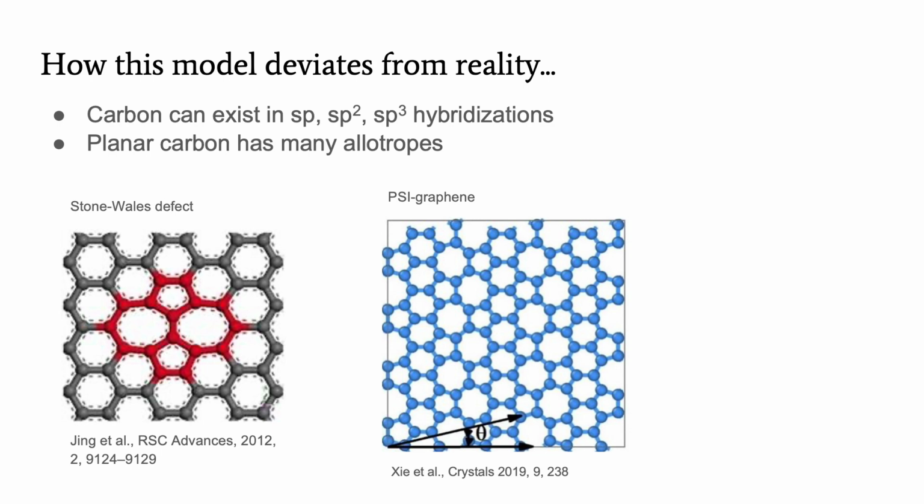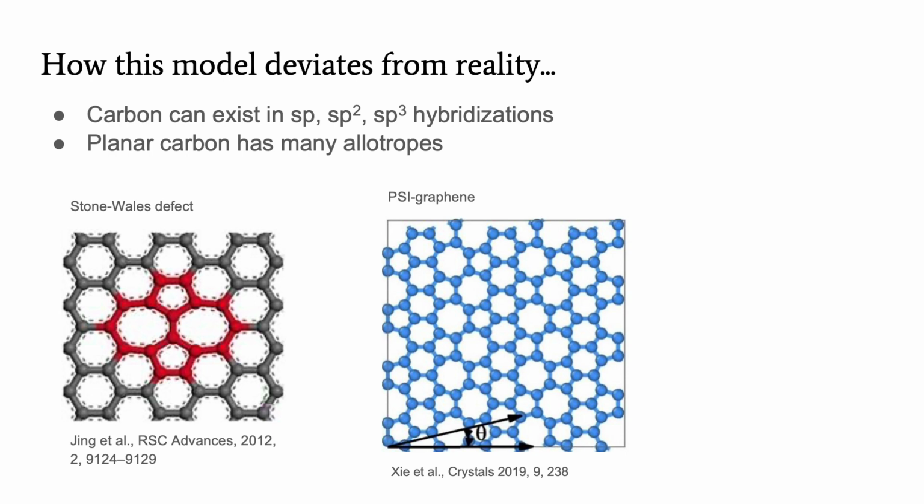So as I mentioned on the previous slides, the various modeling systems and potentials have an effect on the measurement. This model could have been made inaccurate by a variety of factors, including size, hybridization, and defect type. So like I said, carbon can exist in sp, sp2, and sp3 hybridizations. My model assumed only sp2 configurations.